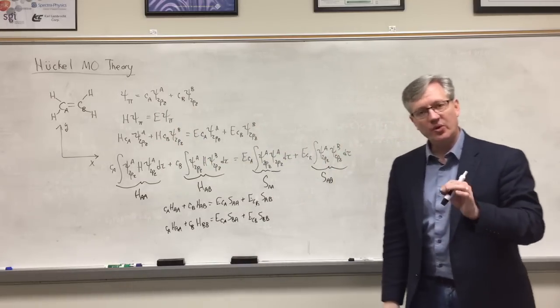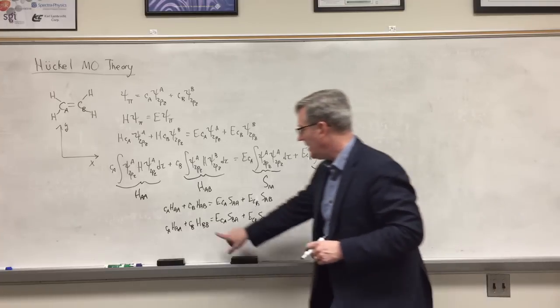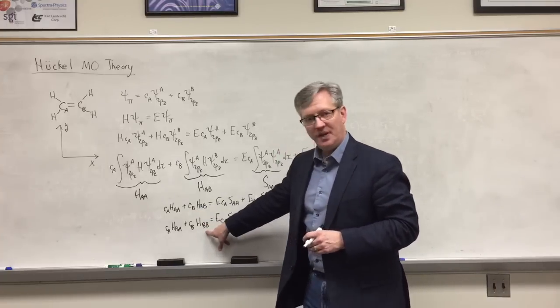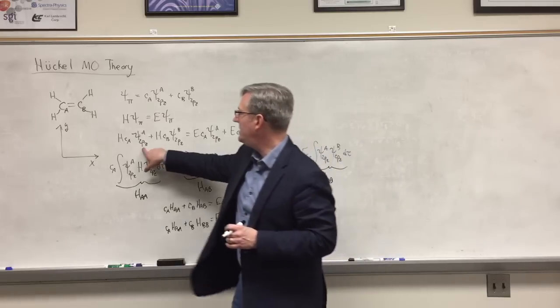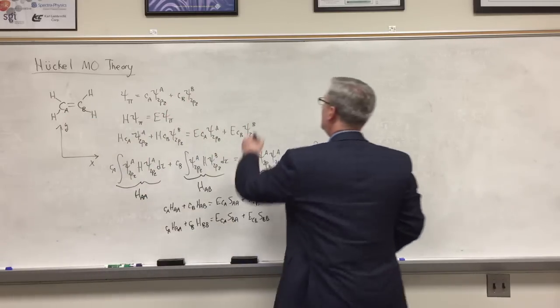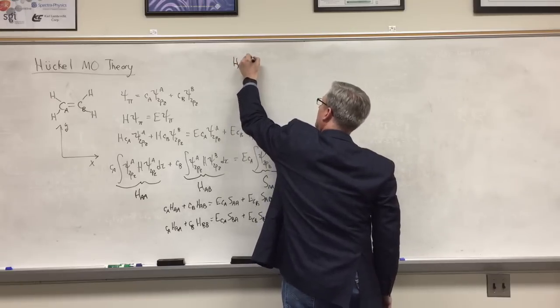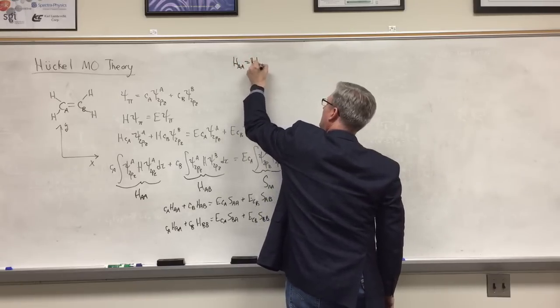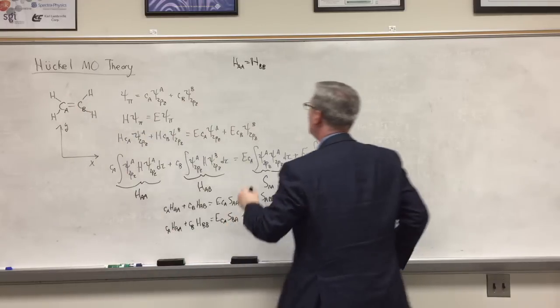Now here come my Huckel approximations for Huckel MO theory. First, integrals like HAA and HBB that involve basis functions of the same carbon atom, right? So a 2pz both on carbon A or both on carbon B. So HAA is the same as HBB because of the symmetry of the system. Carbon atoms A and B are identical.